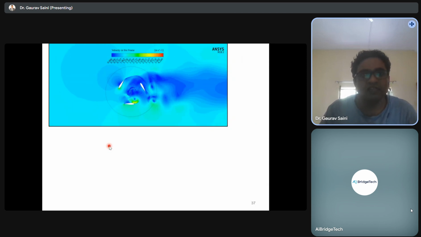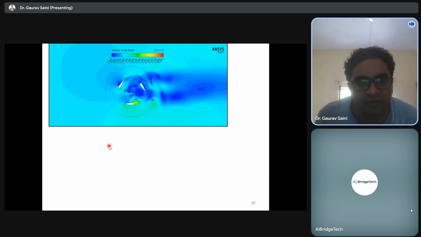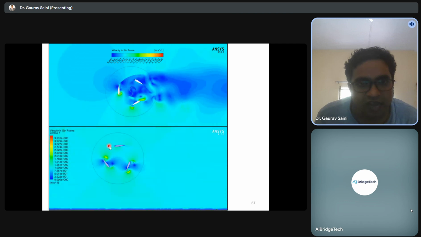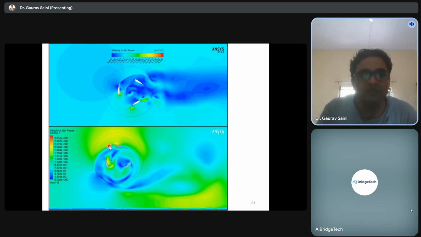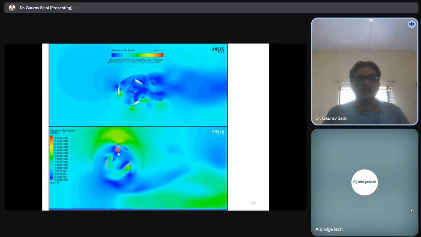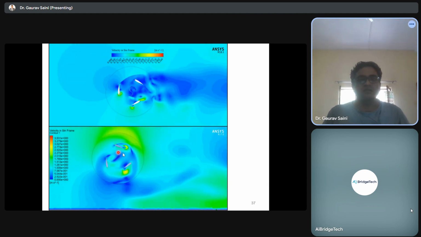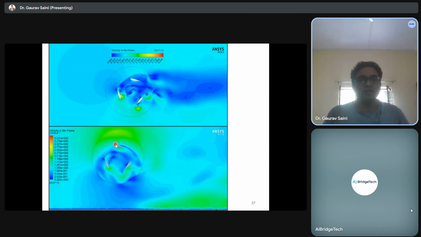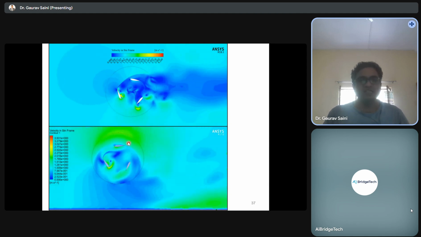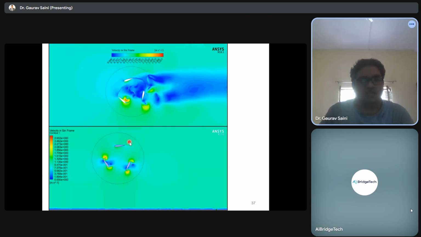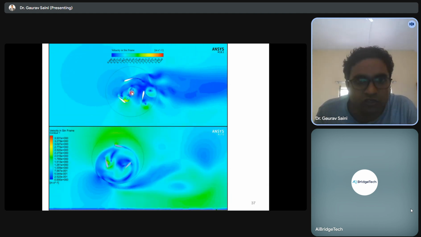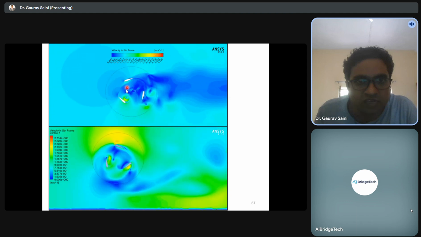Next, you can see this is the Savonius hybrid rotor with the Savonius part within it, and here we are utilizing these variable pitch blades, and these variable pitch blades basically help us to reduce the impact of this Savonius part.